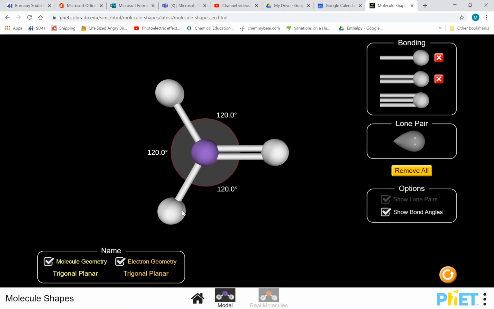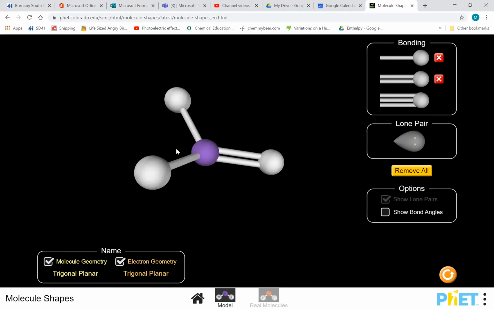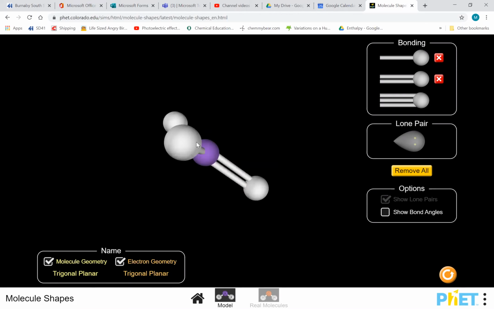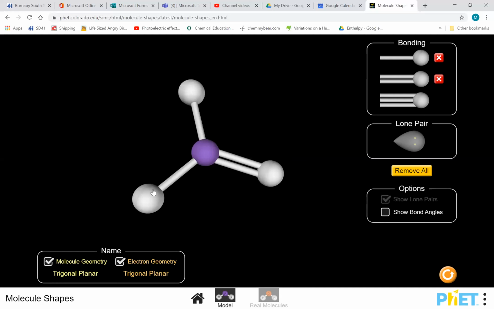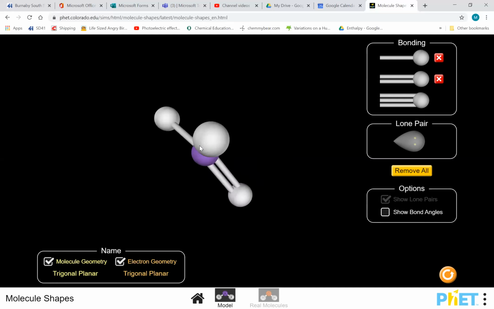Because if I were to rotate it around, you notice they are all in a line. If I were to cut everything through, like using a ruler to cut all 3, they would all be cut evenly. That's why it's called trigonal planar: trigonal because there's a little triangle, planar because they're all on the same plane.